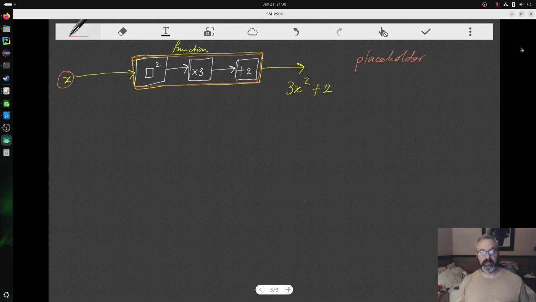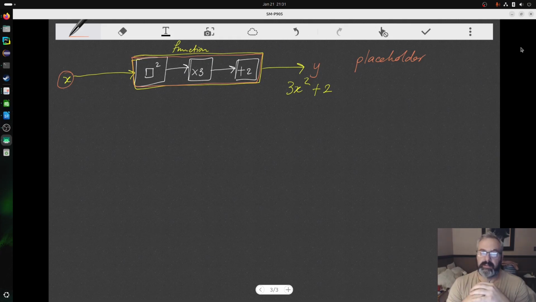Does it make sense? I don't know what the input is going to be, so I use the letter x, and I don't know what the output is going to be, so I may also use another letter to denote the output. And that's exactly what we do. The most common letter that we use to give us an output is the letter Y. Now, please remember, you can choose any letter of the alphabet.